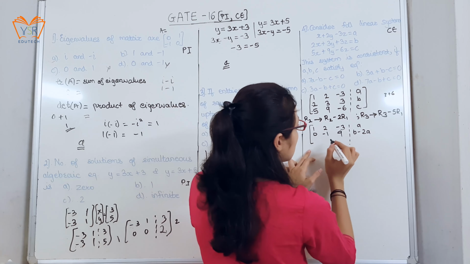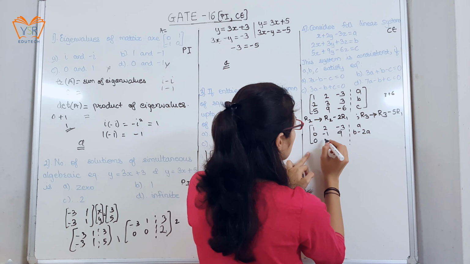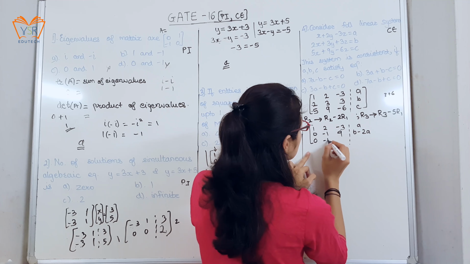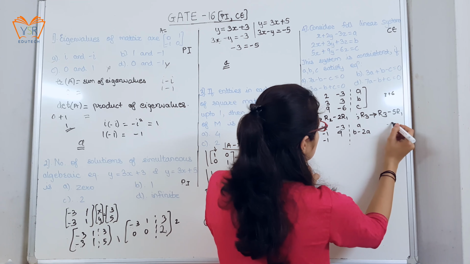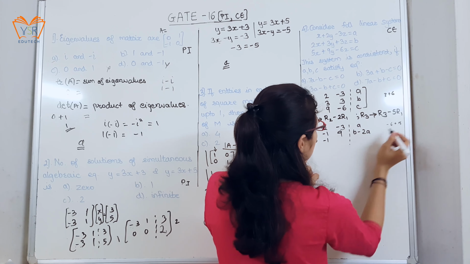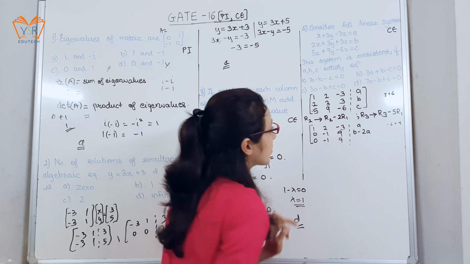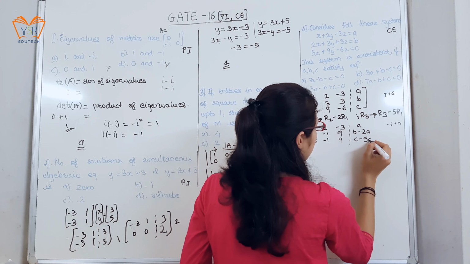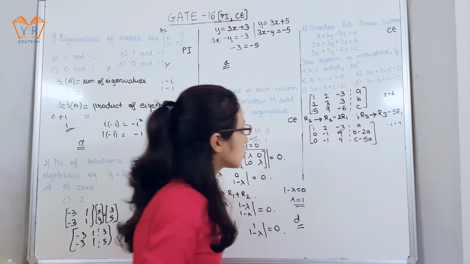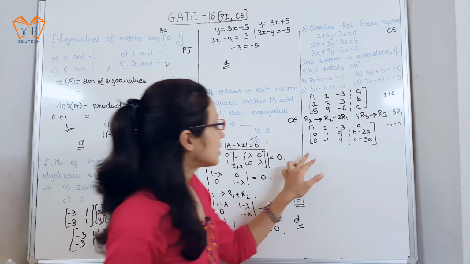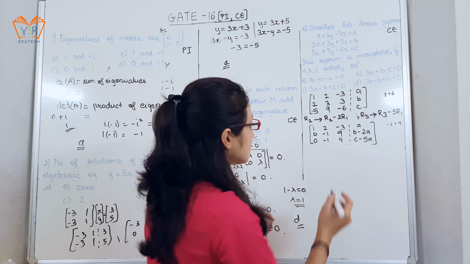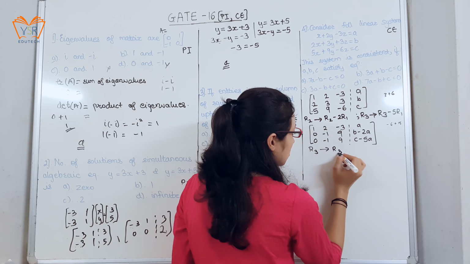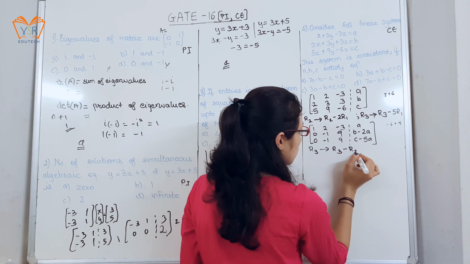And the row 3: 5 minus 5, 0, 9 minus 10, minus 1, minus 6 plus 15, and C minus 5A. So we'll see whether more elementary operations can be applied. Yes, R3 minus R2.